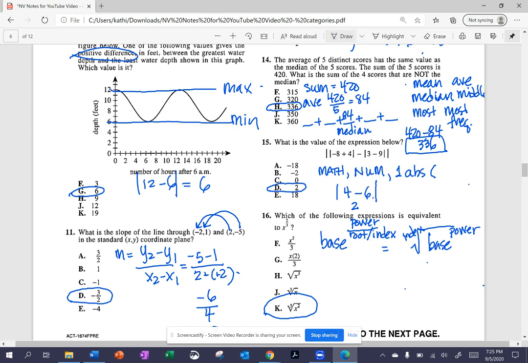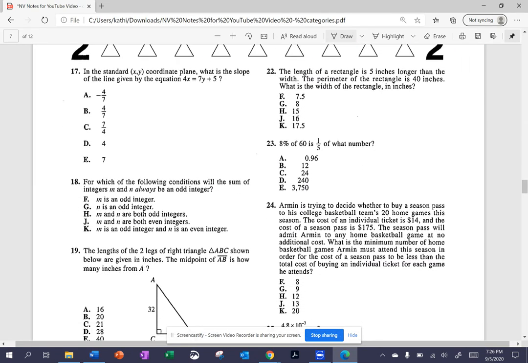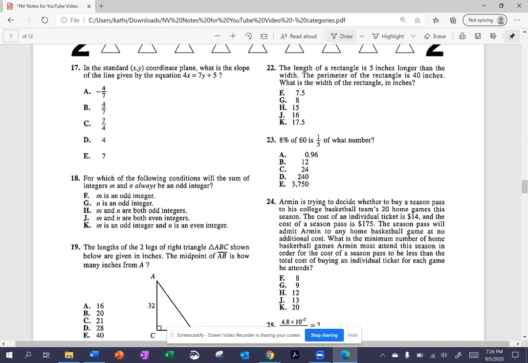Okay, let's try 17. In the standard xy coordinate plane, what is the slope of the line given by 4x equals 7y plus 5? I can see slope in the y-intercept form, so I want to solve for y.